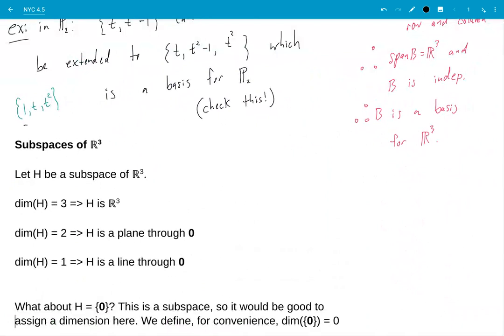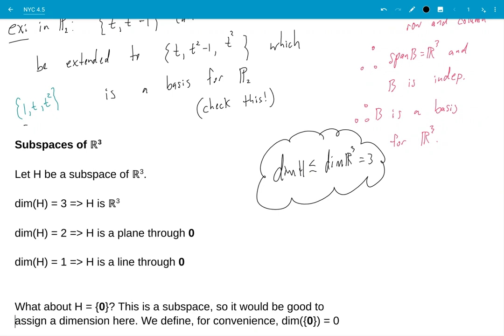Okay, subspaces of R3. Let's look here. Okay, the second part of our theorem there was that every subspace has a dimension at most 3. Dimensions have to be integers, so my possibilities are 0, 1, 2, 3. So dimension of a subspace here is 0, 1, 2, or 3.